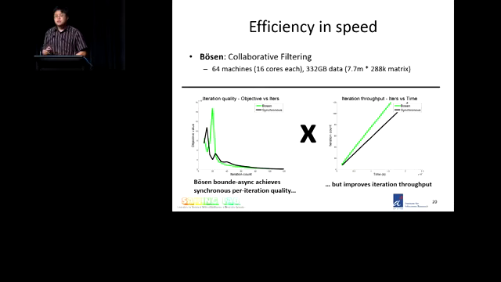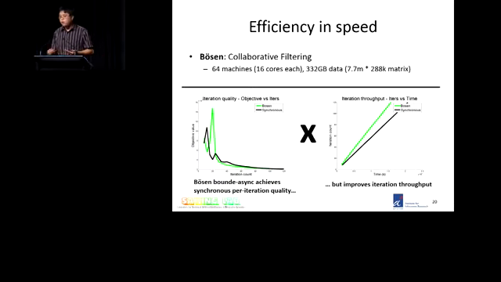Right. So let's talk about efficiency of these systems. One key point we are trying to emphasize with Petuum is that it allows a wide class of machine learning problems to be more efficient in terms of speed. And we're going to demonstrate this with the collaborative filtering problem, otherwise known as matrix factorization.